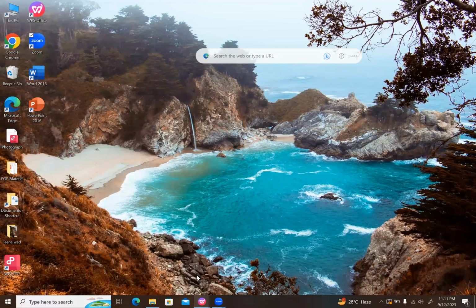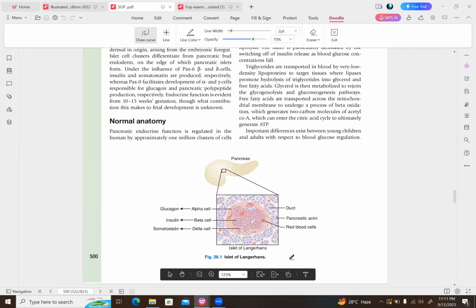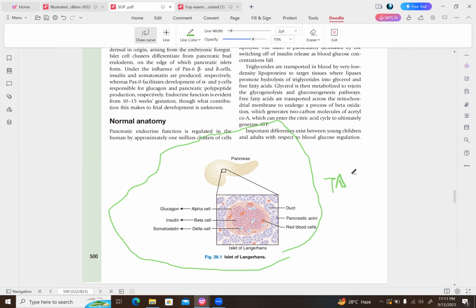Yeah, please see one more thing. This is very important for the exam. Where is the insulin coming from? It is coming from the beta cells of the islets of Langerhans. This is the pancreas, and a chunk of pancreas is magnified.